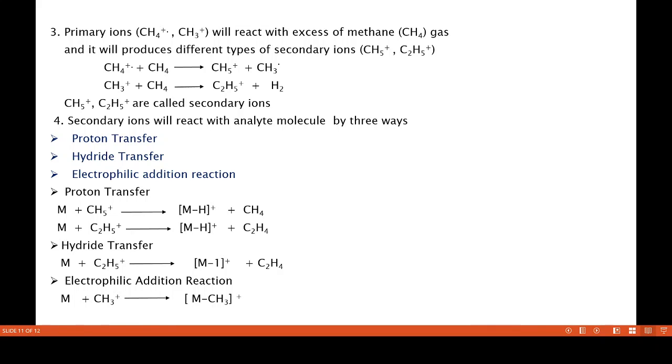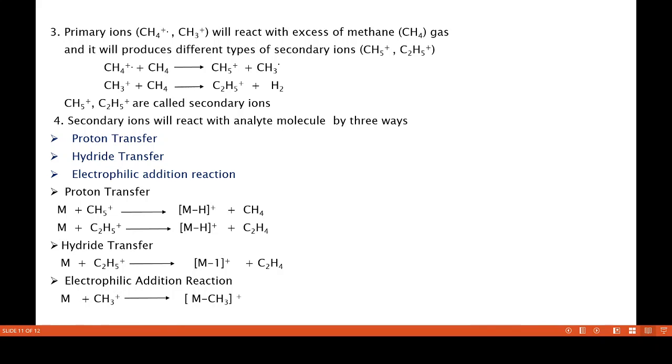We first see the proton transfer. Here M is nothing but the analyte compound. This analyte compound reacts with the secondary ion CH5 plus and forms the MH plus peak in the mass spectra. It is explained by taking one example.